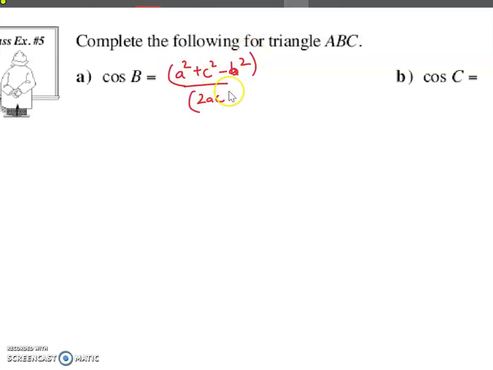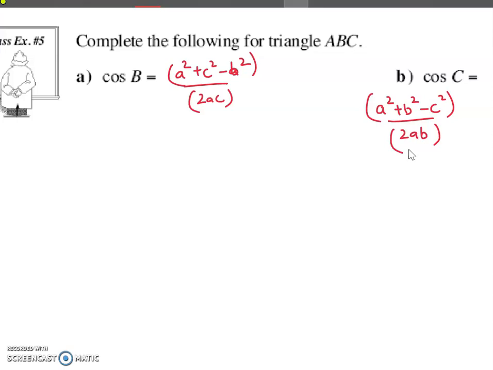And if we're looking for cos of C, it would be a squared plus b squared minus c squared over 2ab. So those are the versions that you can use for these triangles as well. These are not given on your formula sheet.